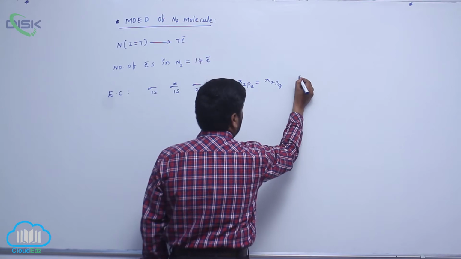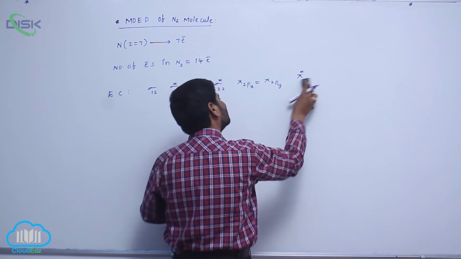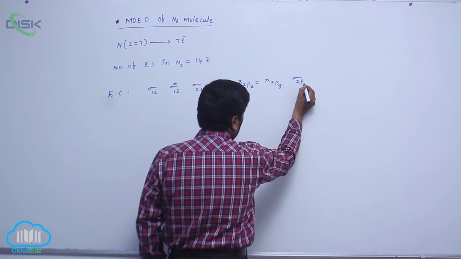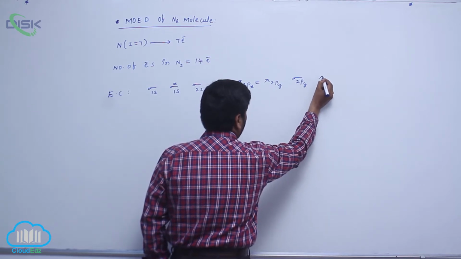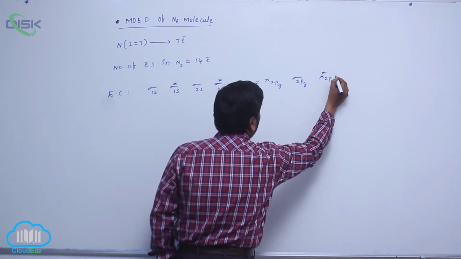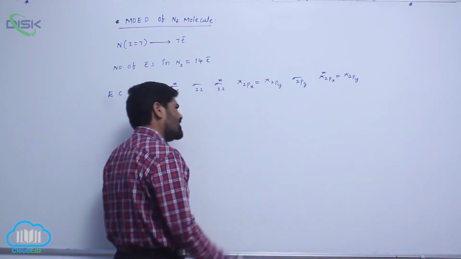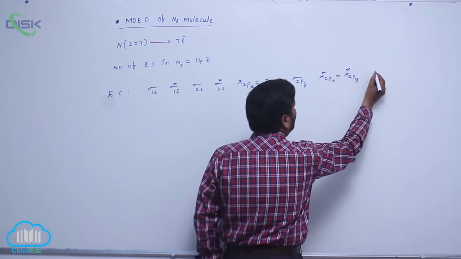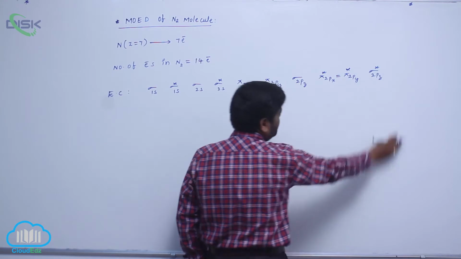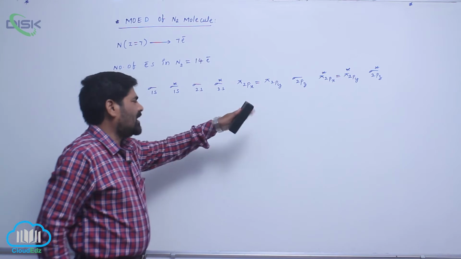The next one is sigma 2pz, then pi star 2px equals pi star 2py. The last one is sigma star 2pz.